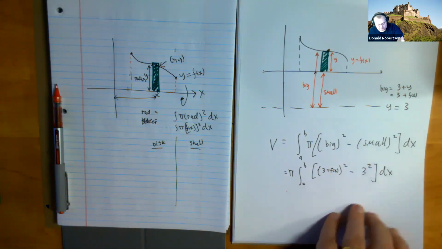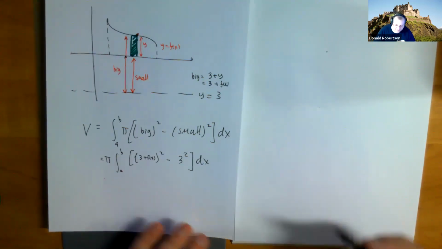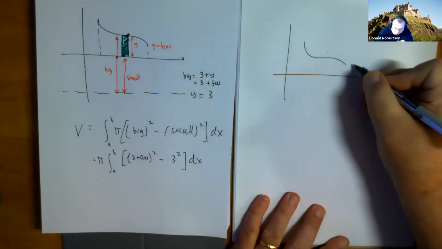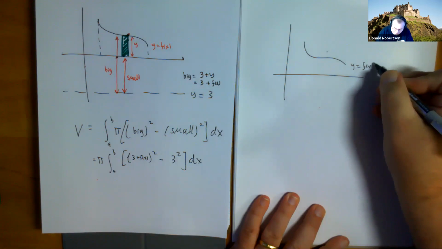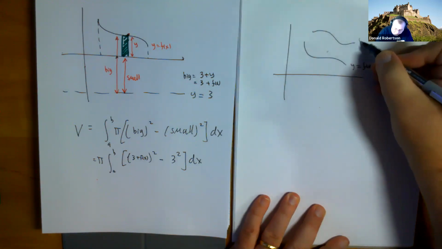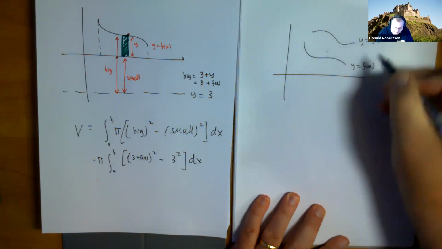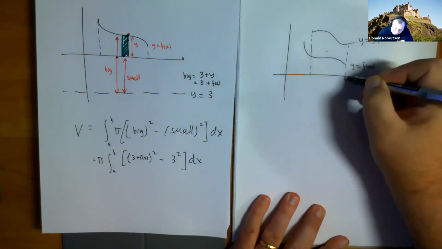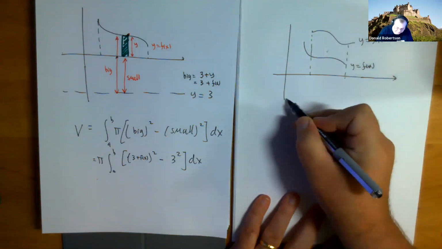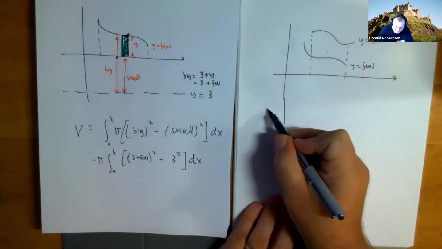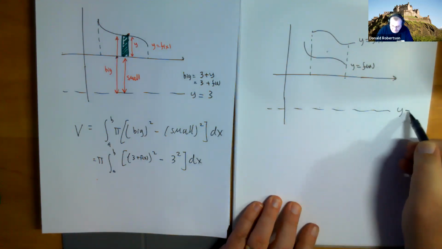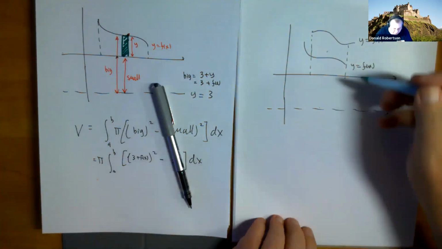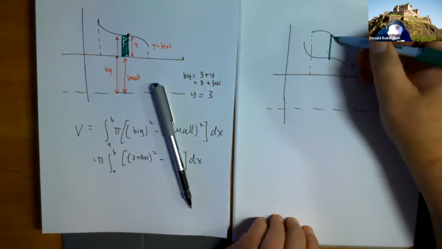Now let's do the ultimate version of this, where we have y equals f of x, and we have another one up here, call it y equals g of x. It's going to start here, it's going to finish here. And we are going to rotate it down here at y equals 3 again. Let's see what happens to our rectangle this time.